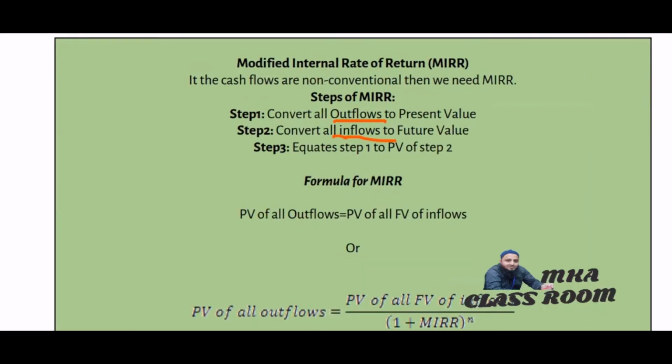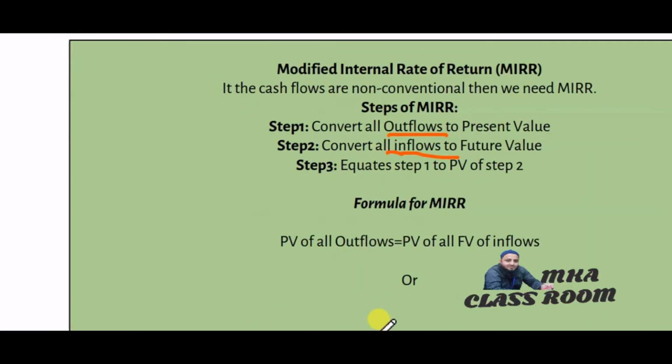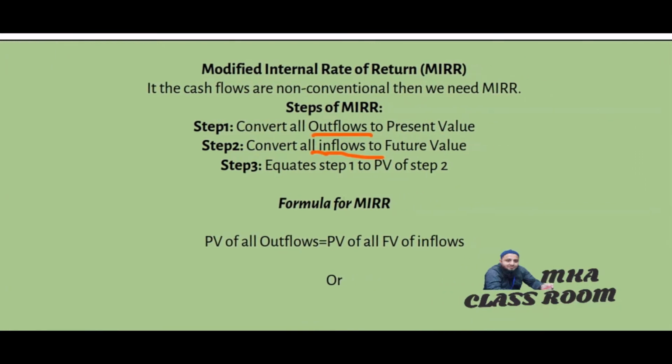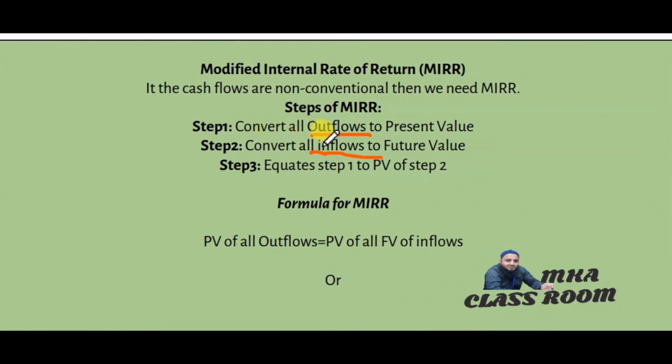Can you see clearly? Yes. So, step 1, convert all cash outflows to the present value. Step 2, convert all inflows to the future value. And step 3 equates step 1 to step 2, the PV of step 2.